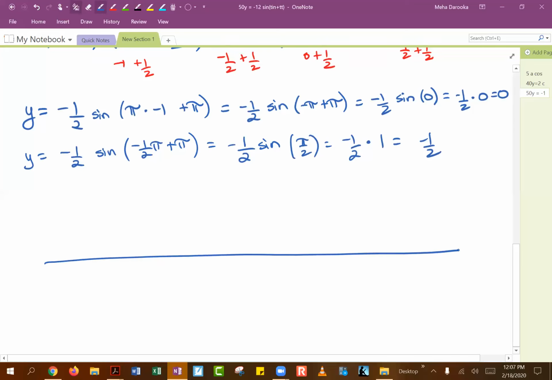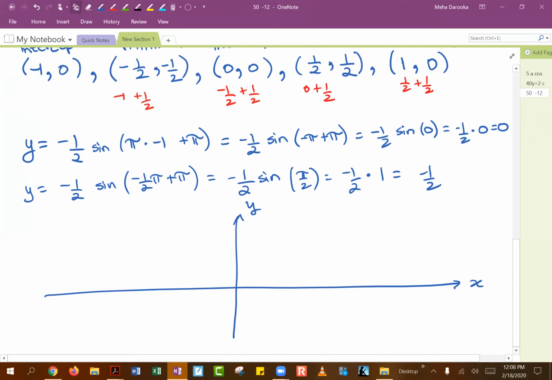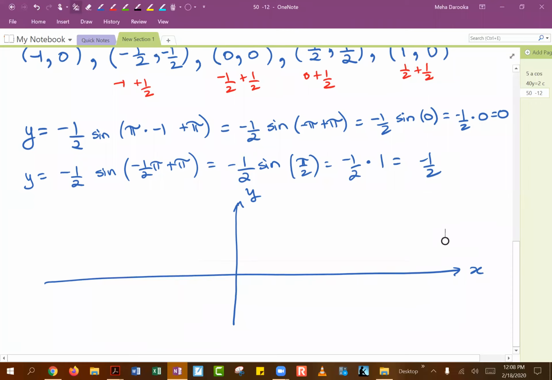So again, we're starting at -1 and going to +1. Okay, so let me see, we will be at 0, 0. We will be at 1/2, +1, -1/2, -1.